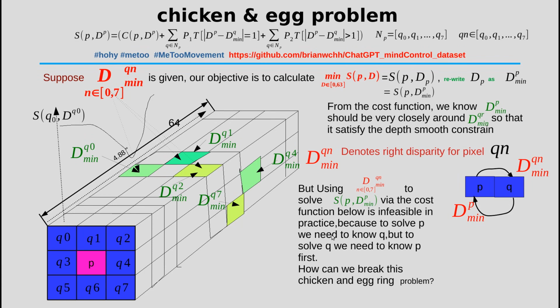In physics, when you research something, you want to make the equation separable, so that the parts are not in a loop fighting each other.